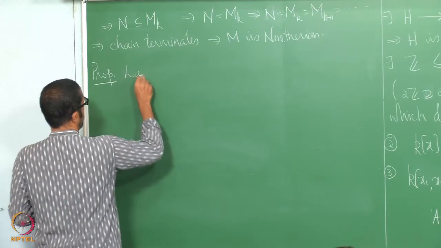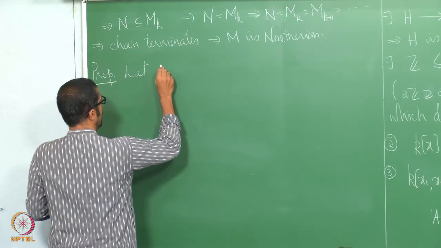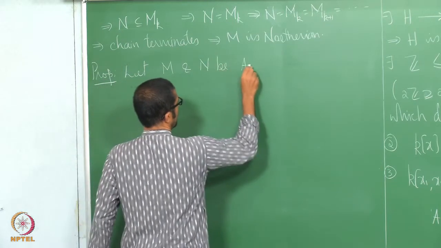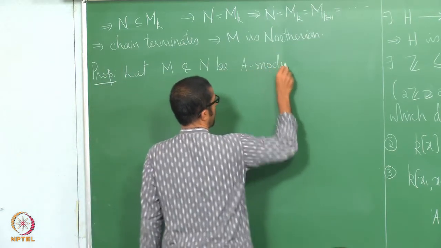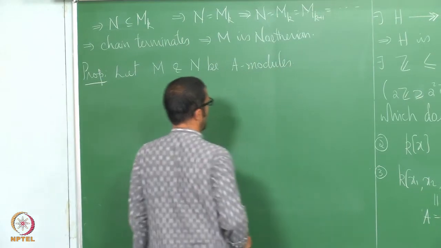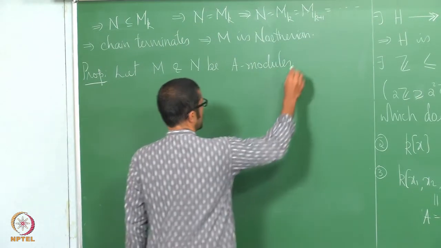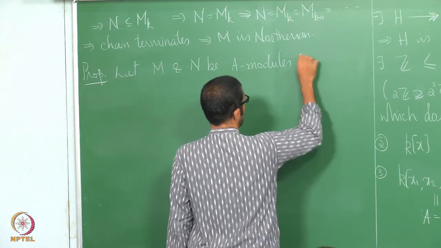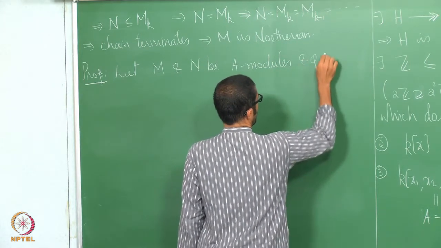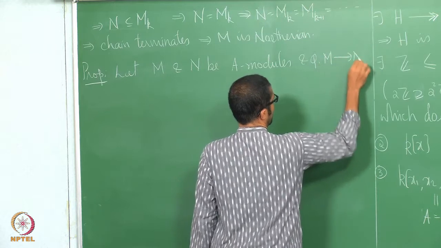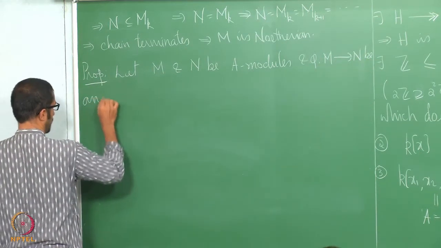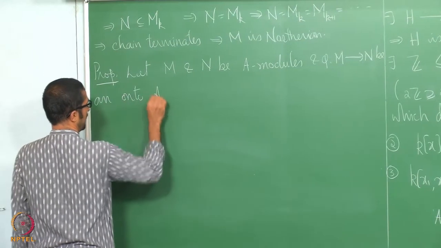So, let M and N be A modules and phi from M to N be an onto A module homomorphism.